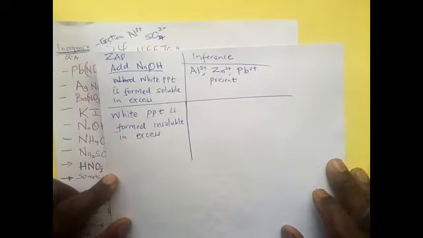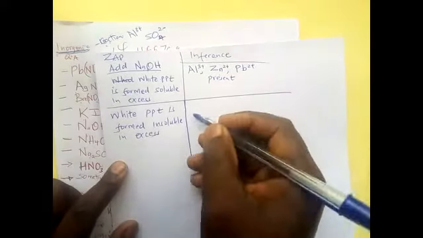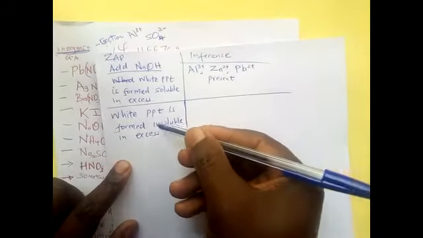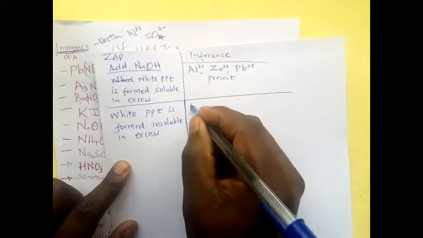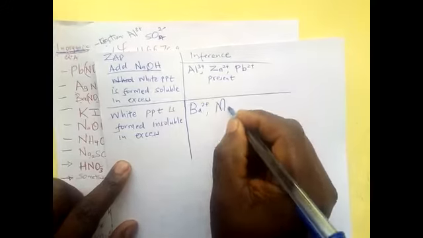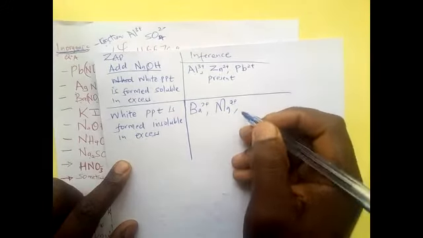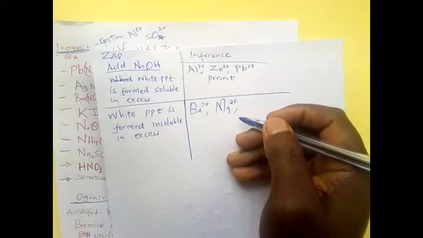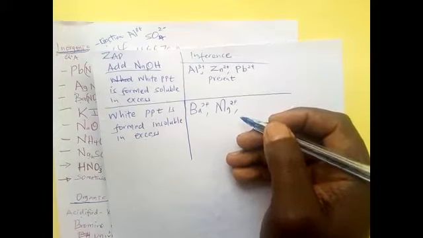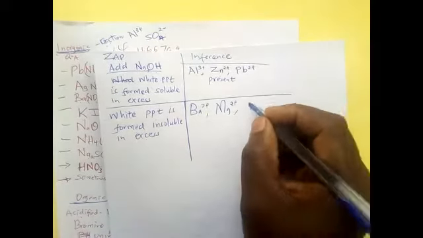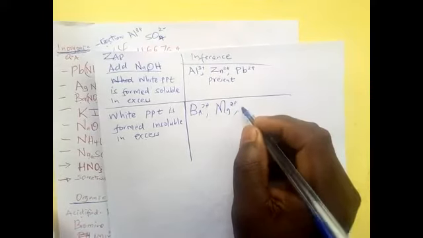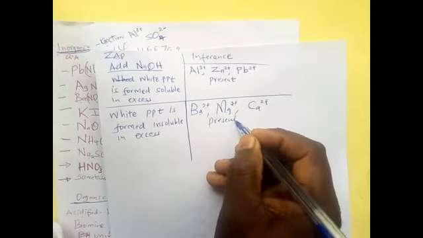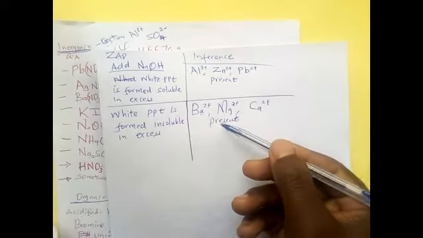If that is the case, then several ions could be present, because it forms a white precipitate which does not dissolve: barium 2 positive, magnesium 2 positive, and even calcium can be there. In this case, we only give 3: barium 2 ions, magnesium, and calcium 2 positive. You will say this is present. This one could be present if it is insoluble in excess.